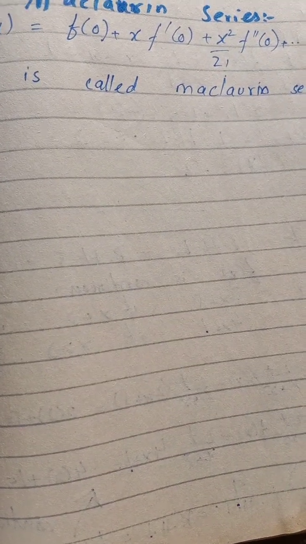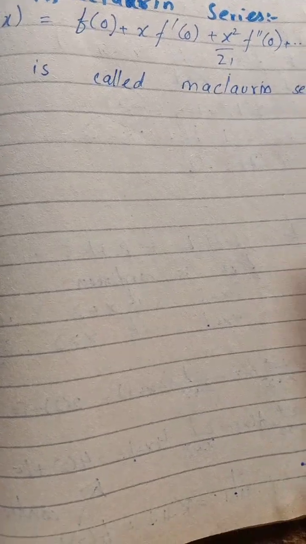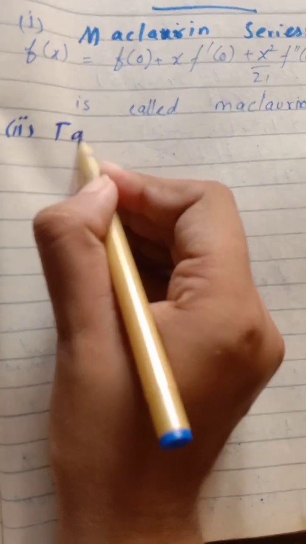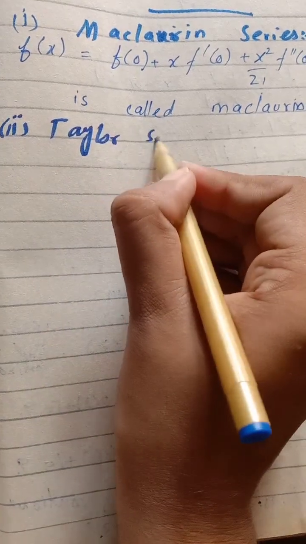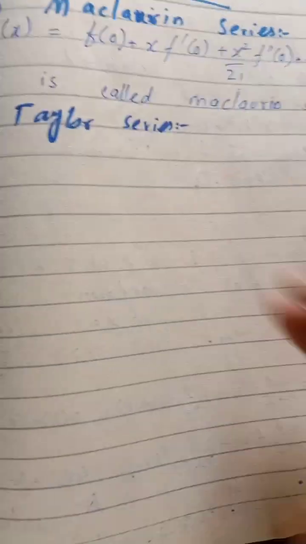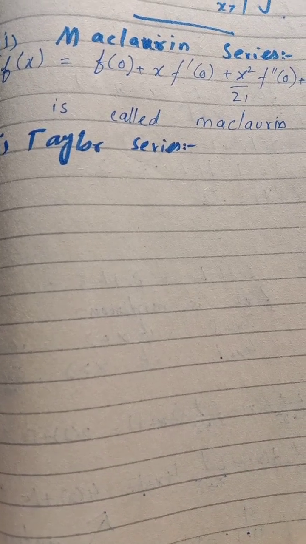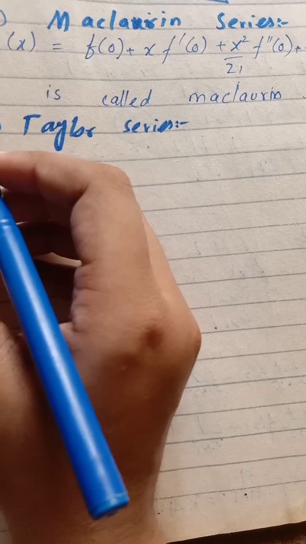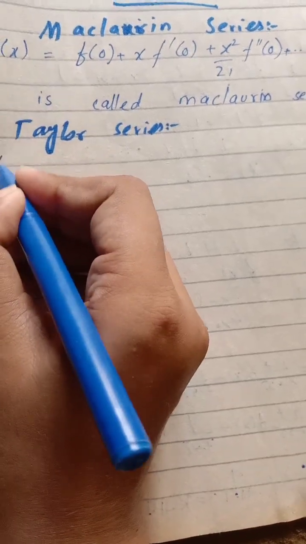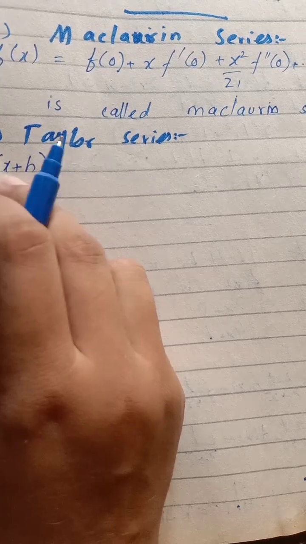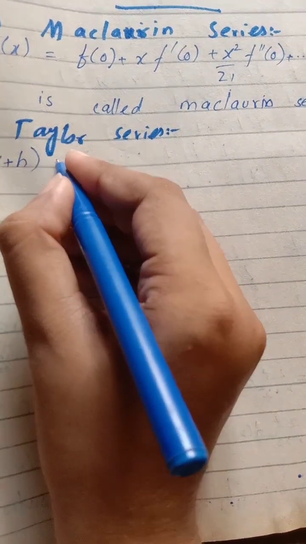The second very important series is the Taylor series. You have to keep in mind the difference between the Taylor and Maclaurin series, so you can easily solve its questions. In the Taylor series, there are two variables, x and h.